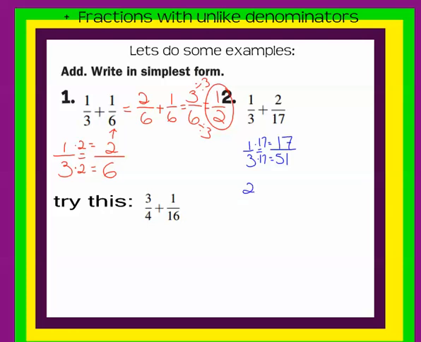And for 2/17, I know that 17 times 3 is 51. So let's rewrite that problem as 17/51 plus 6/51. And that gives us a sum of 23 over 51. And that is simplest form for this puzzle.